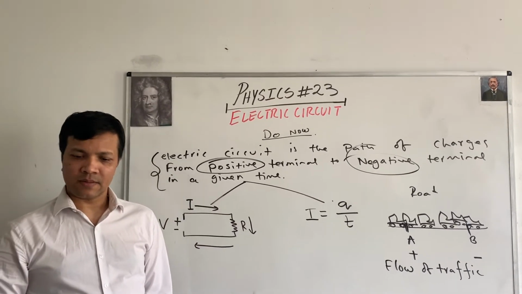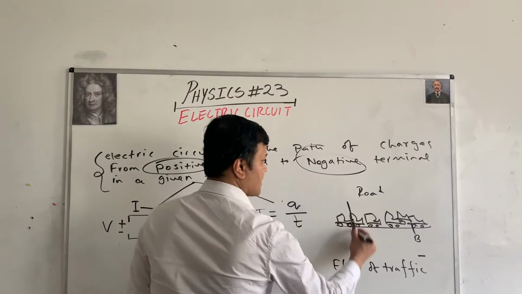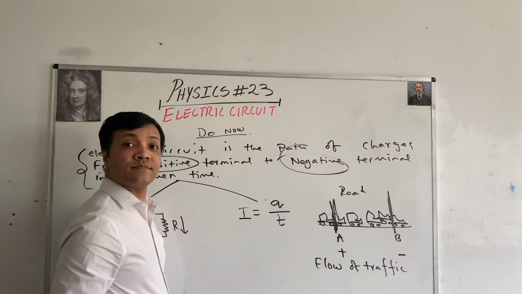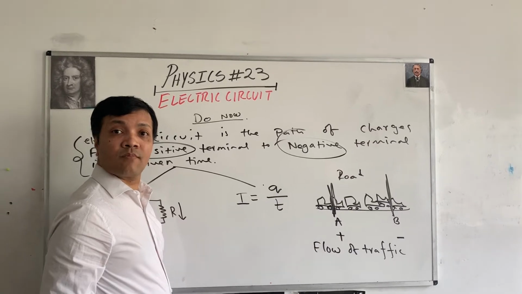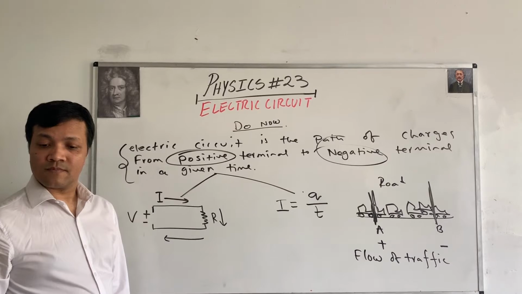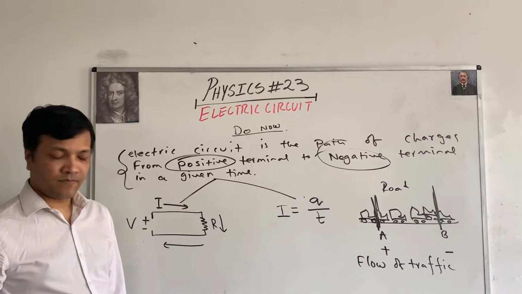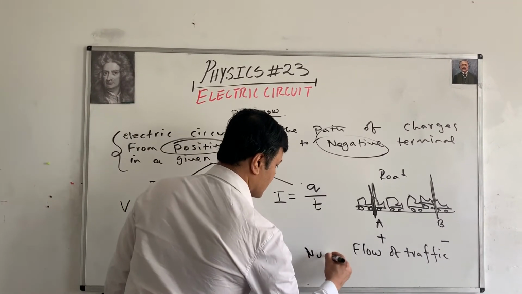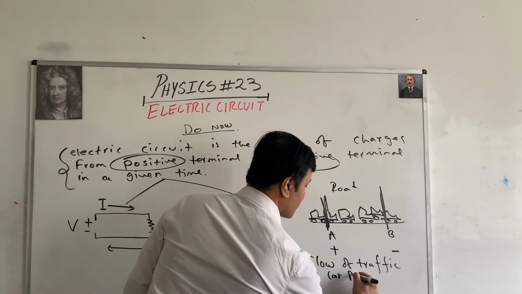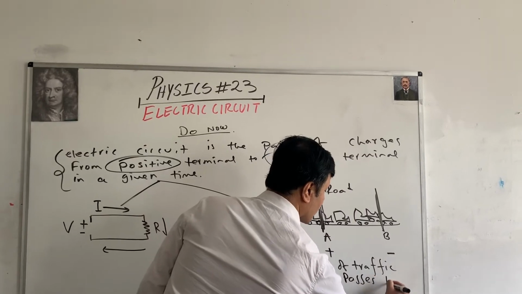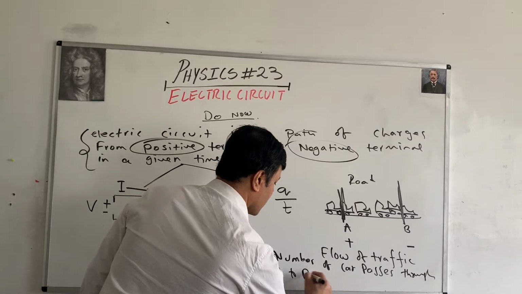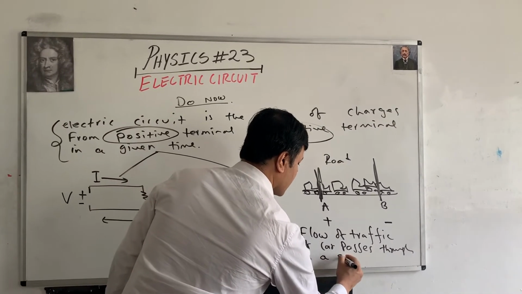It's the number of cars that pass between A and B in a given time.